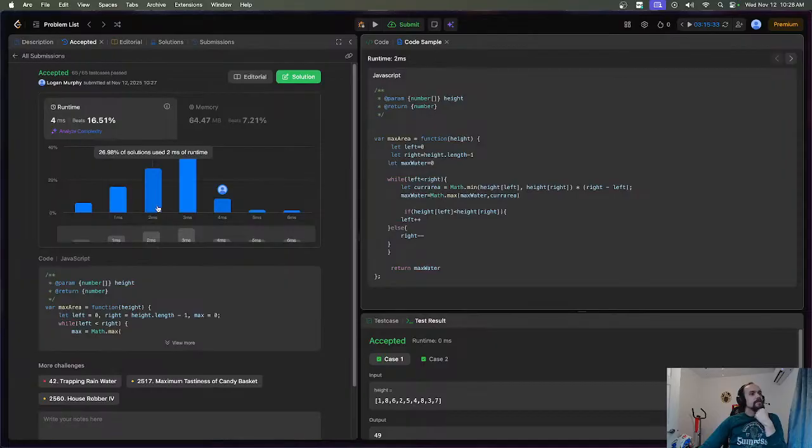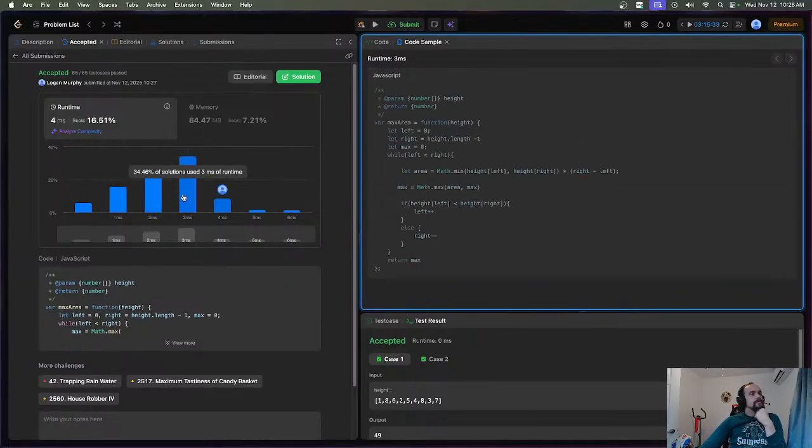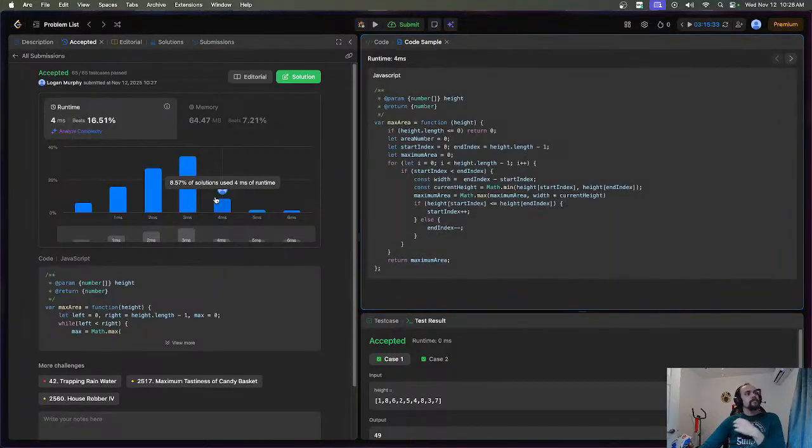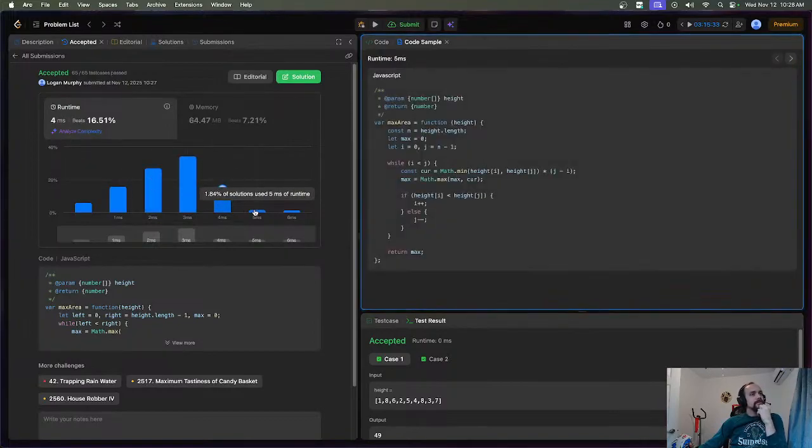Next best, same. Same. The thing is, they got 0 milliseconds, which is kind of crazy. Oh, j is n minus 1. I thought I saw 2 for some reason.